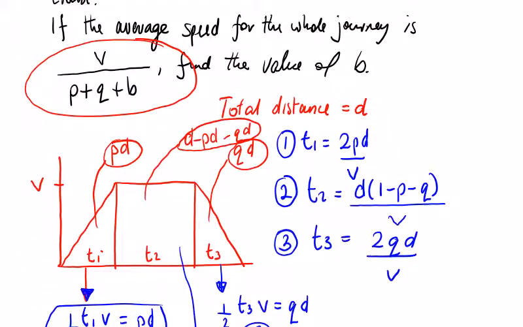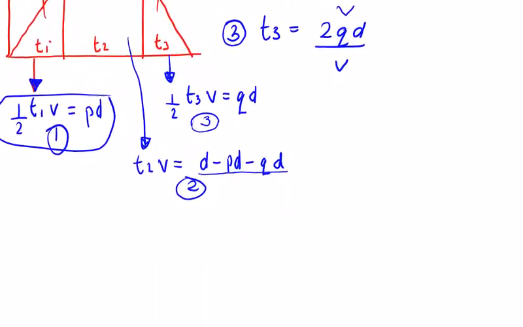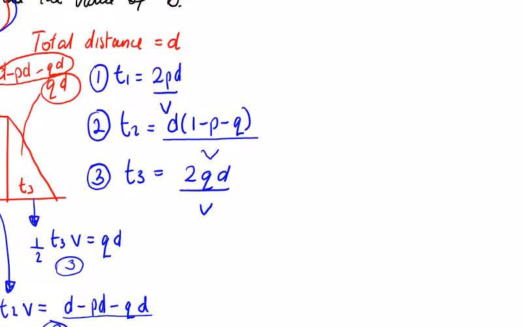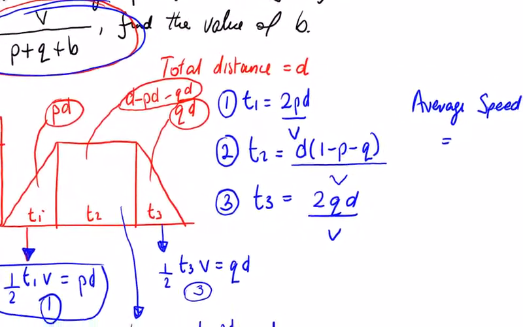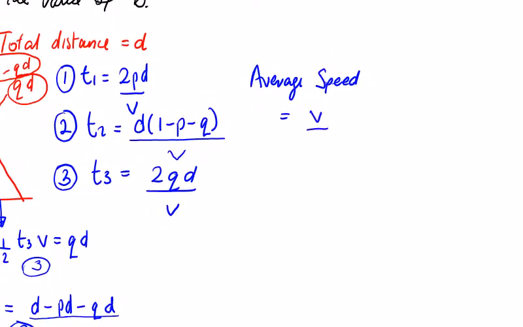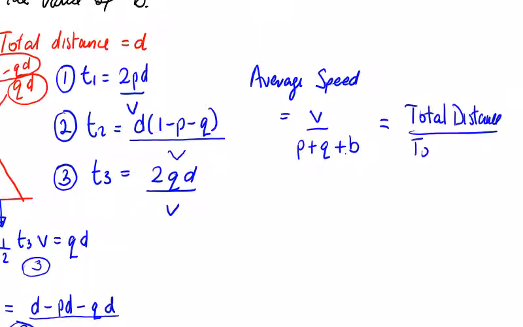So where are we going with this? So they have given us also the average speed. So let's write this down and see does it help us. Average speed is equal to v over p plus q plus b. Now what is average speed? Average speed is the total distance over the time taken, or the total time.